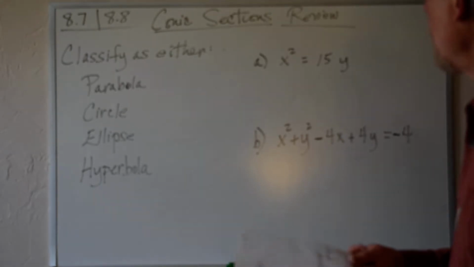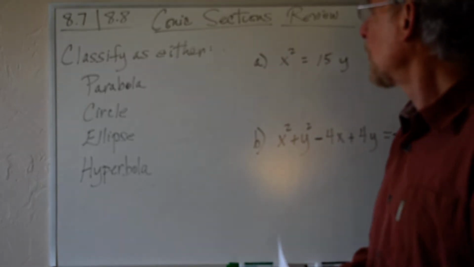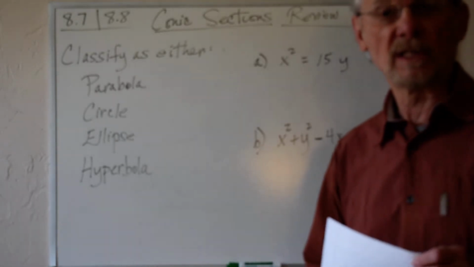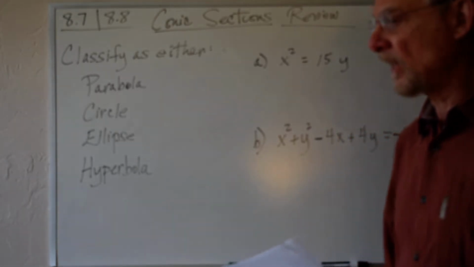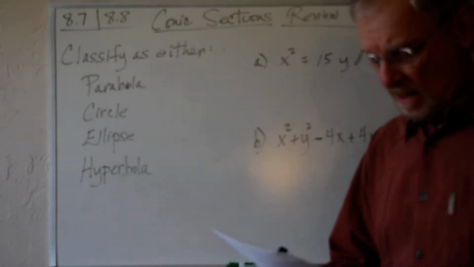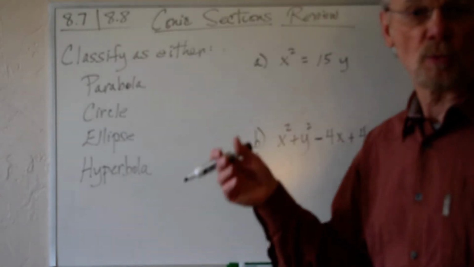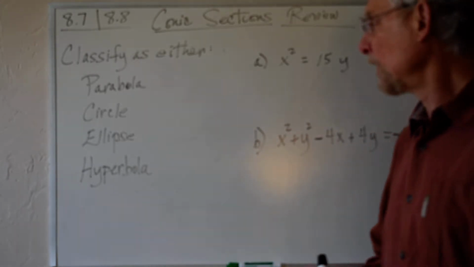For today, all I want to do is just review some of these conic sections ideas that we looked at in our previous class. So what I've done is I've made up about a dozen problems here, and let's just work through these together.